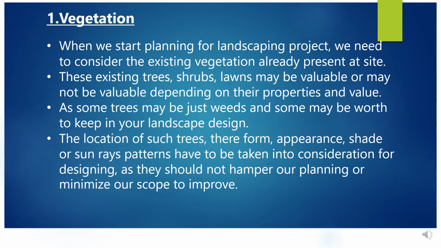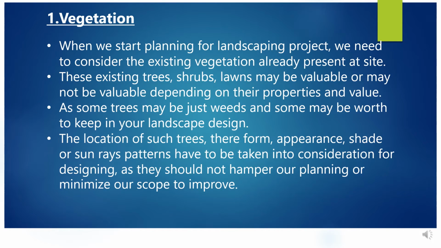First is vegetation. When we start planning a landscaping project, we need to consider the existing vegetation already present at the site. If there are any plants or trees on your site, they have to be studied. Some plants may be just weeds. They are of no use.